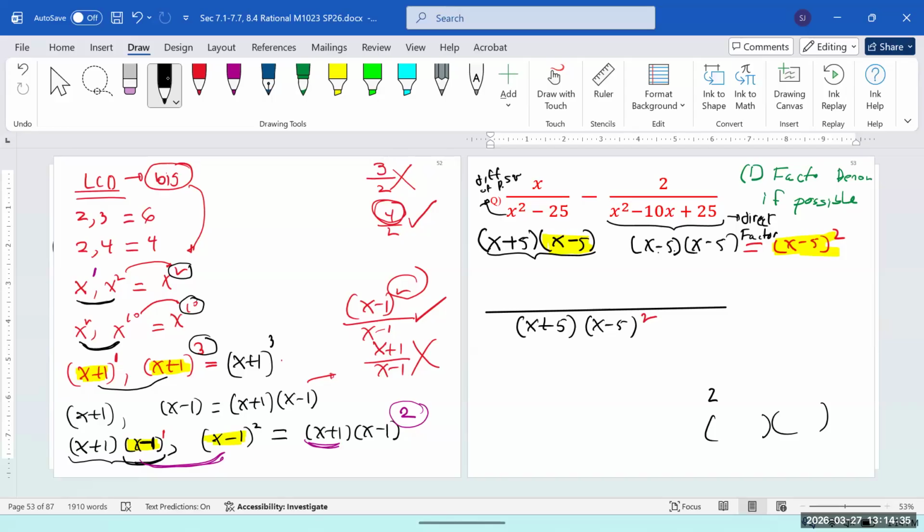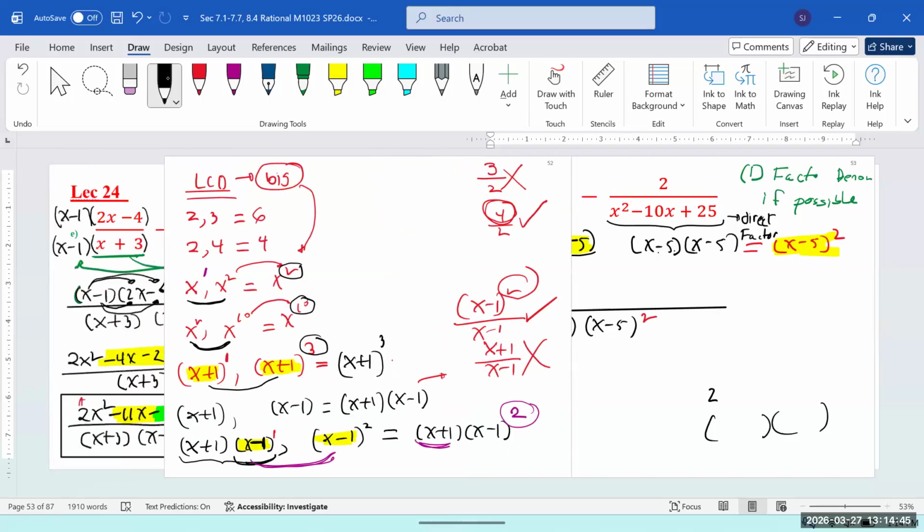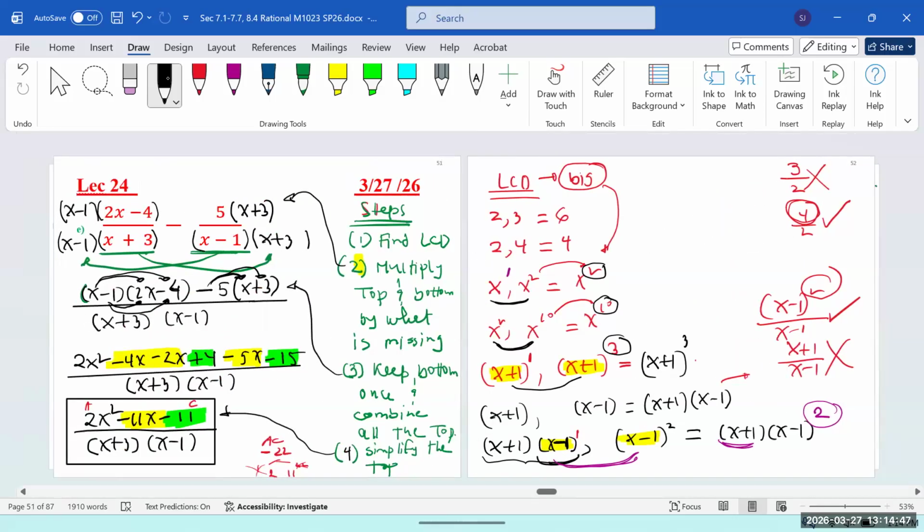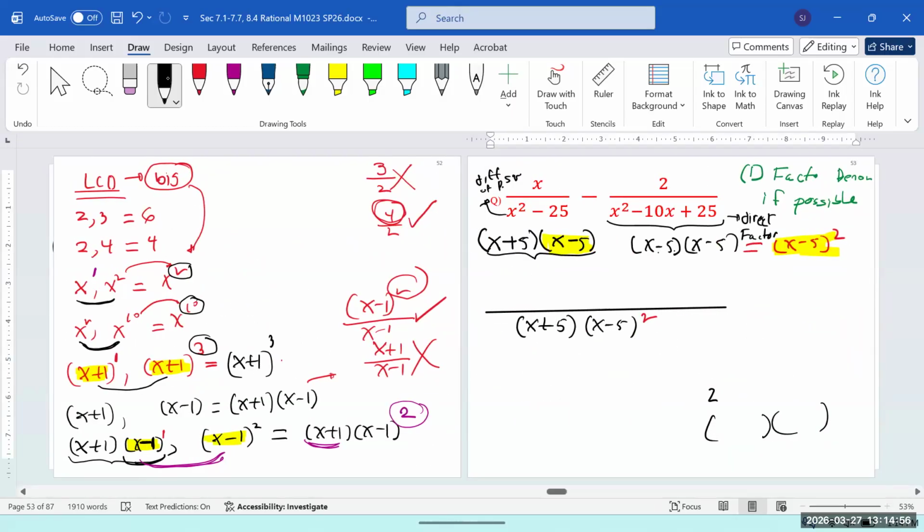We found our LCD. Once you have an LCD, what do you want? All the denominators to have what? Your LCD. See the step? Find LCD, we found it. The second step is multiply top and bottom by what is missing. In the first denominator, we have x plus 5, x minus 5.